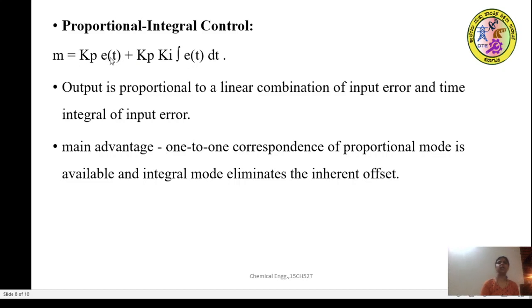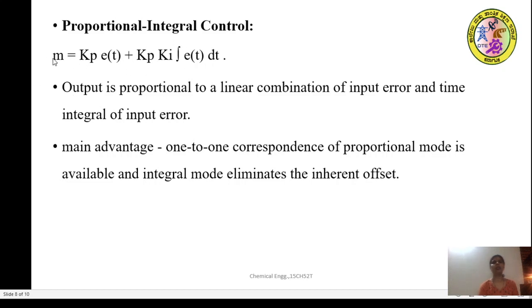That is Kp into E of t plus Kp into Ki into the integral of E of t dt. That is the mathematical representation of proportional integral control. The output is proportional to a linear combination of the input error and the time integral of the input error.